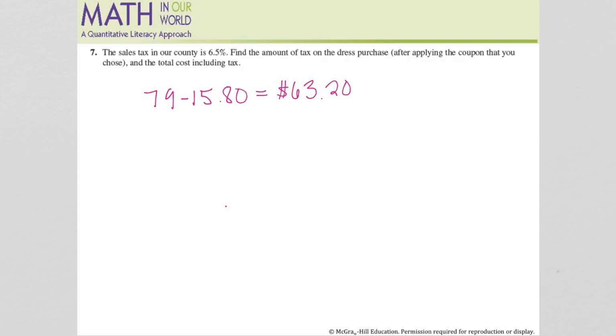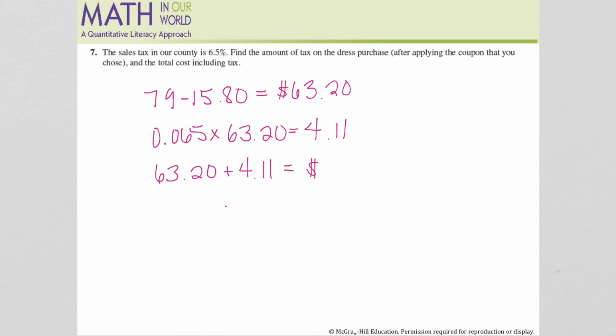And so the tax is 6.5% or 0.065 of $63.20. That's $4.11. So if we take our discounted price and add on the tax, then our final price will be $67.31.